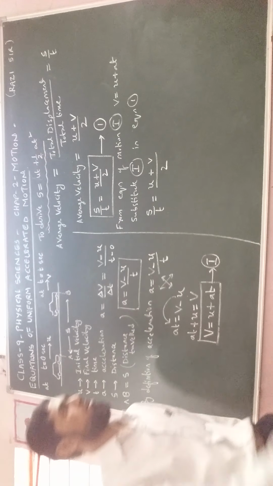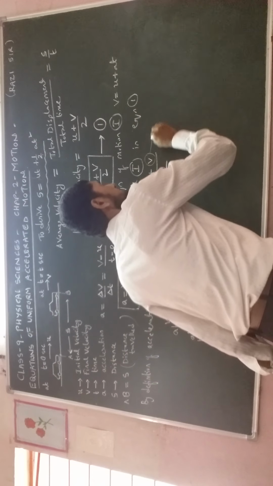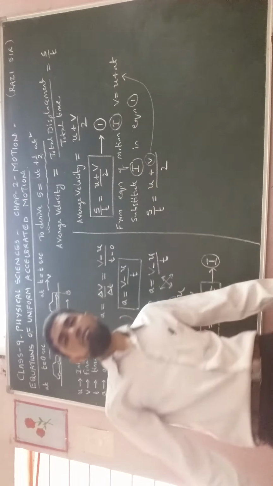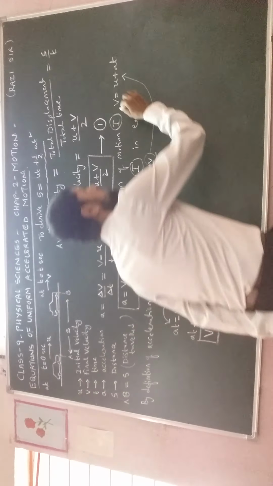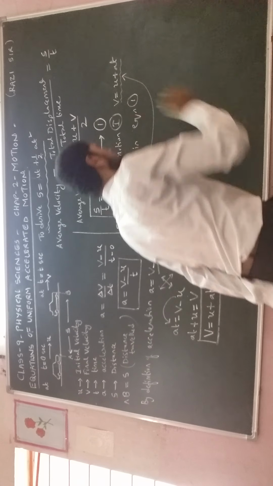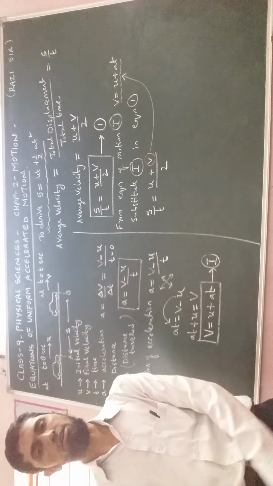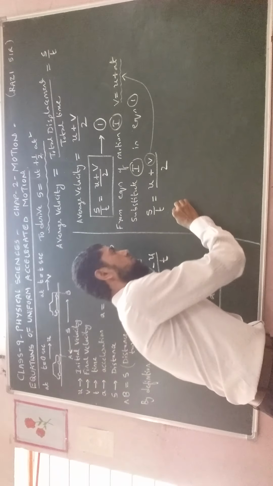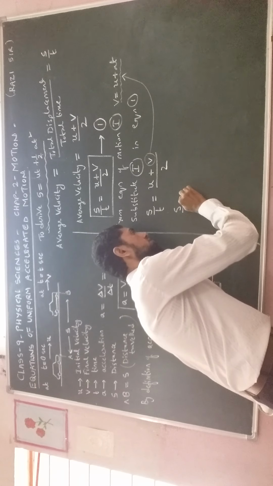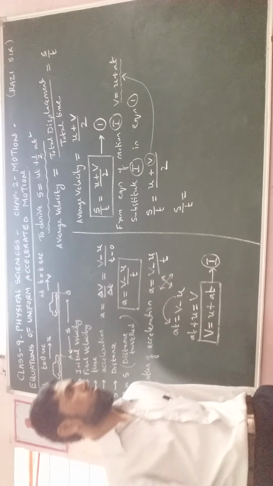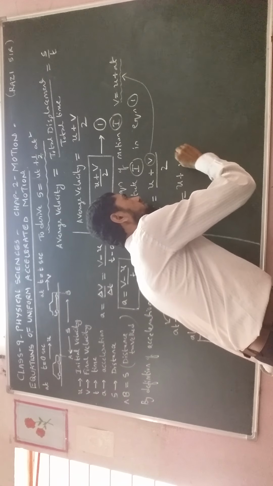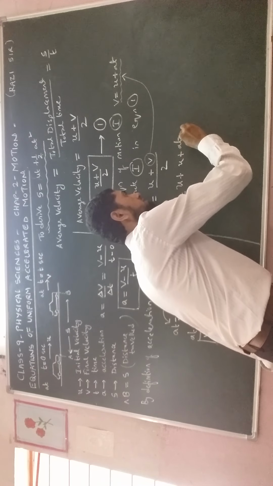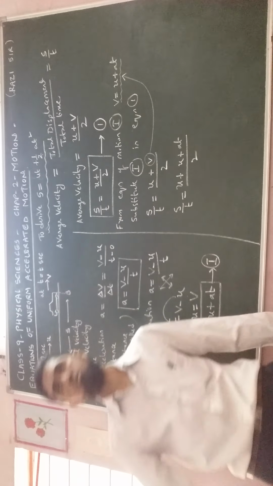But what is v? From our equation of motion, v is u plus at. So we substitute this v equal to u plus at here. When we substitute this value, we get S by t is equal to u plus, again we have v as u plus at, all by 2.